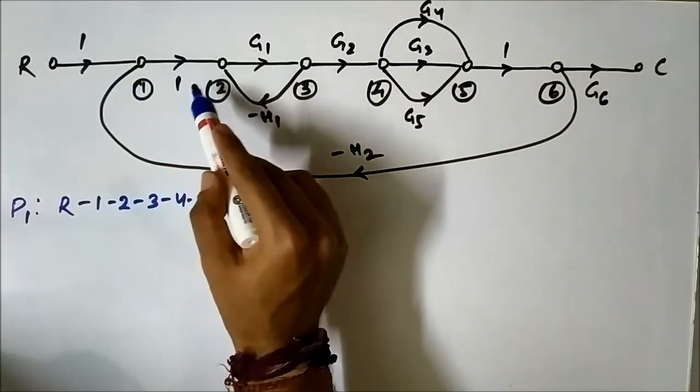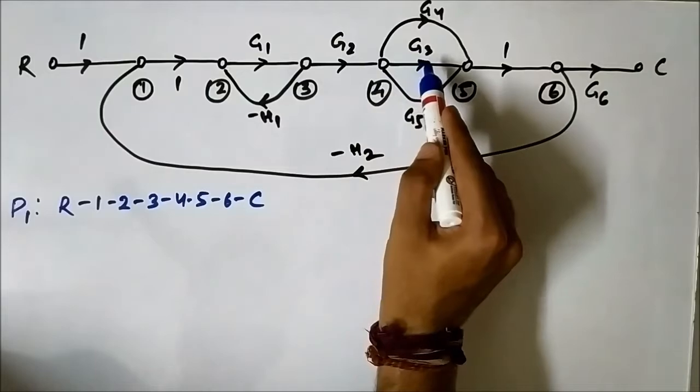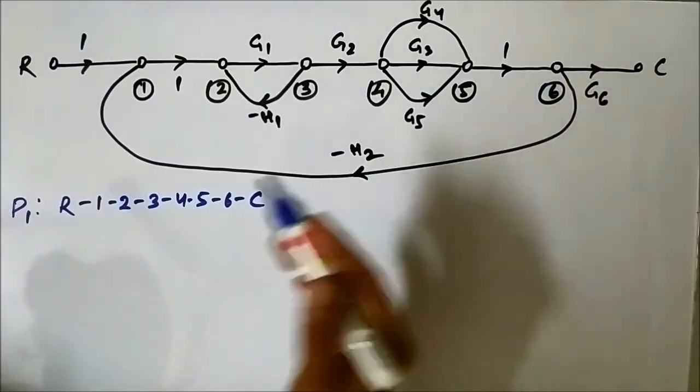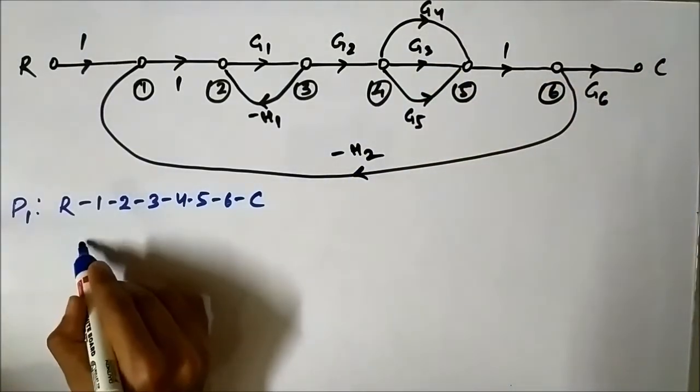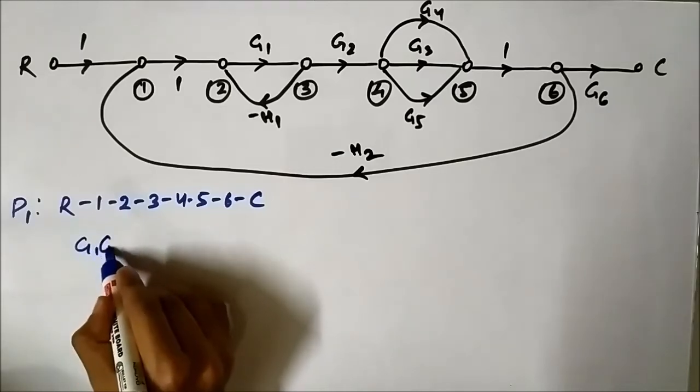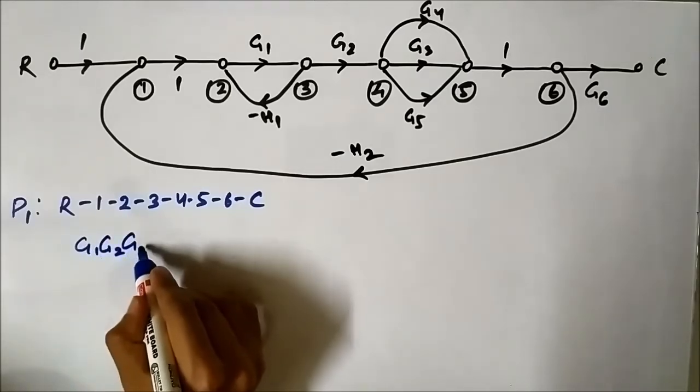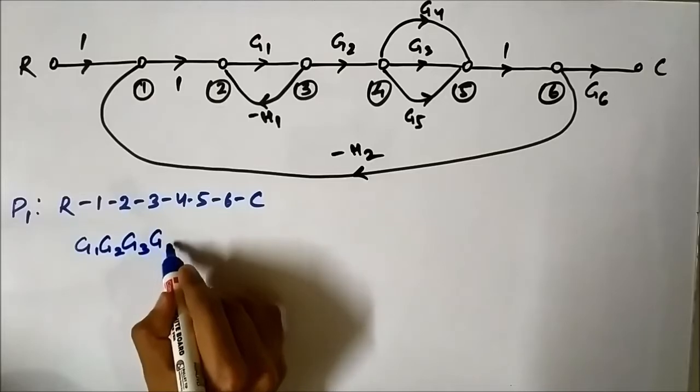So here it is 1 into 1 into G1 into G2 into G3 into G6, so G1, G2, G3 and G6.